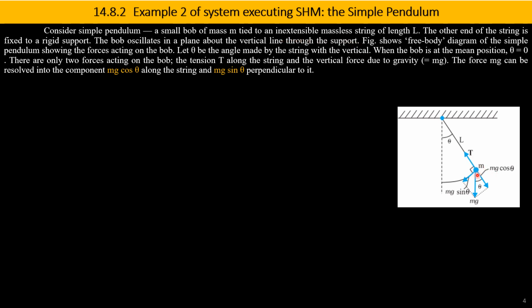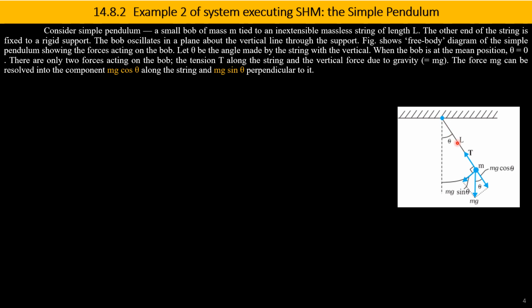This bob is tied to a string of length capital L. The string is not extendable and its length L remains constant. The other end of the string is fixed to a rigid support on the top.